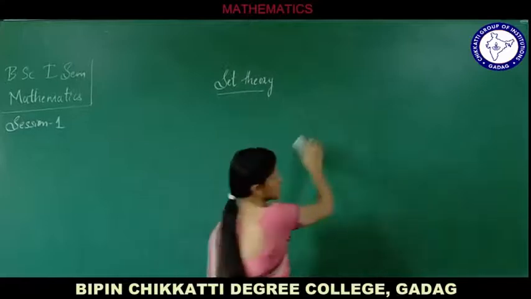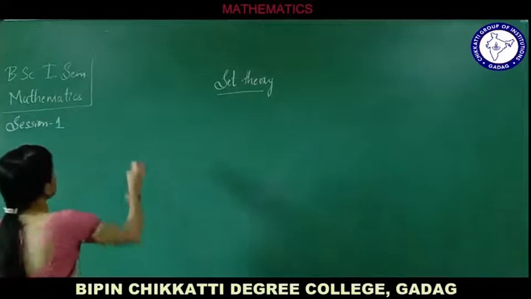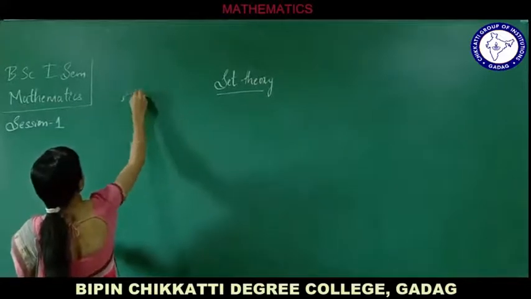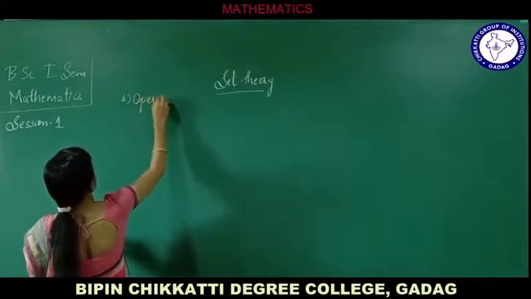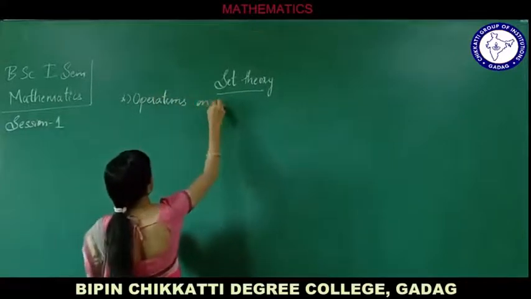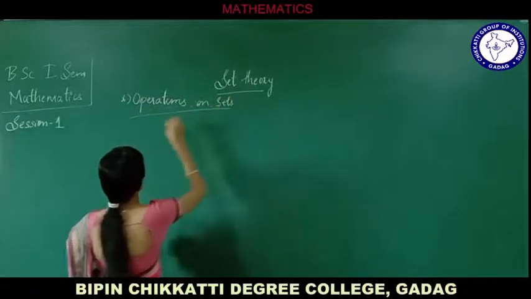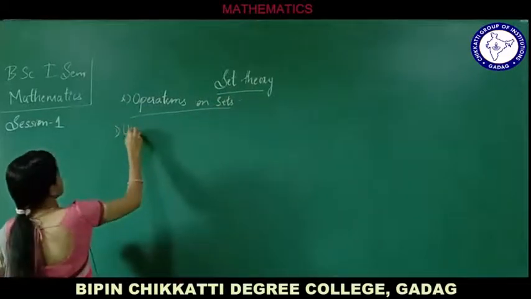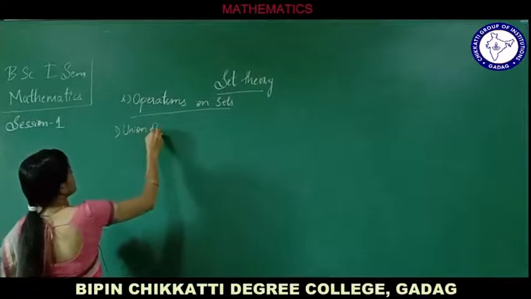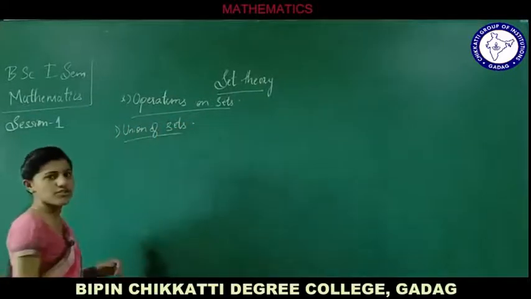Let us first begin with union of sets. How are we going to define union of sets?